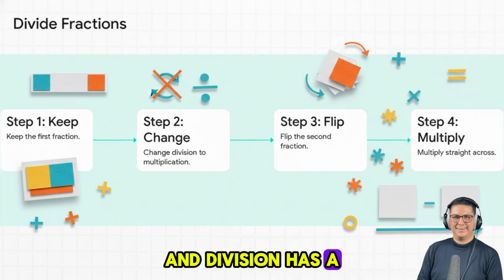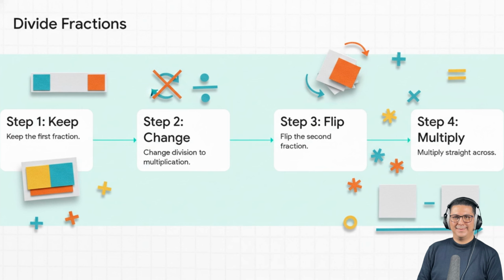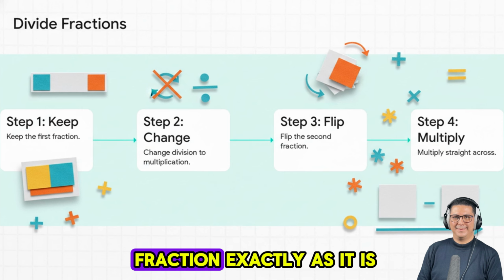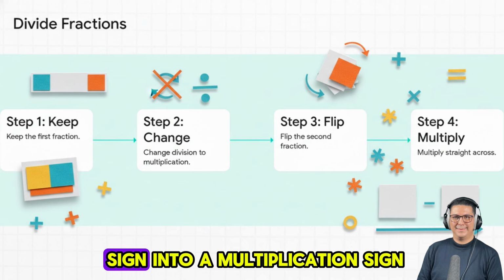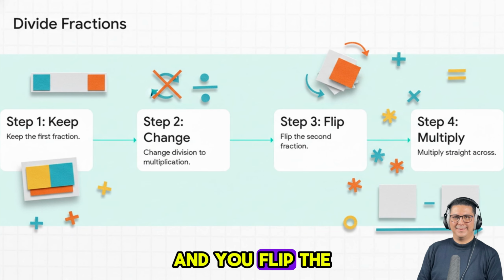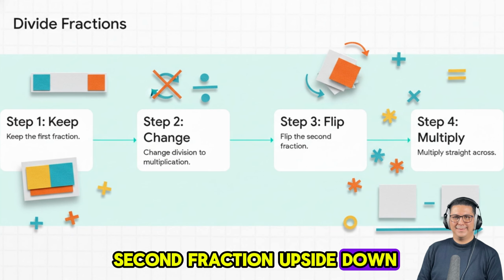And division has a famous little trick that makes it a piece of cake. Keep, change, flip. You keep the first fraction exactly as it is. You change the division sign into a multiplication sign, and you flip the second fraction upside down.